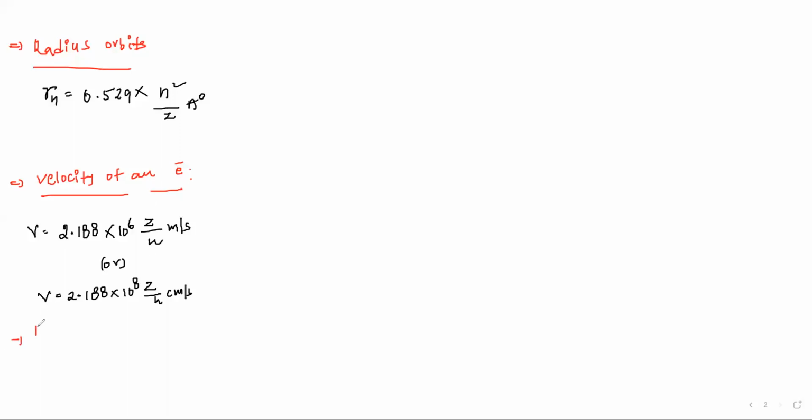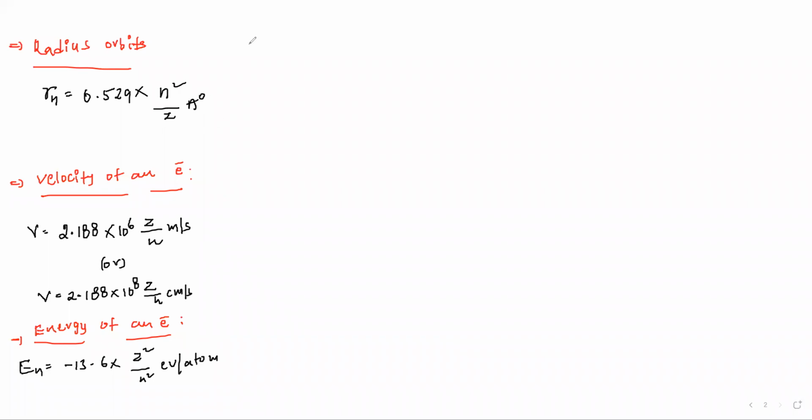And next, energy of electron. What is its formula? The energy of an electron, En, is equal to minus 13.6 into Z square by N square electron volts per atom.